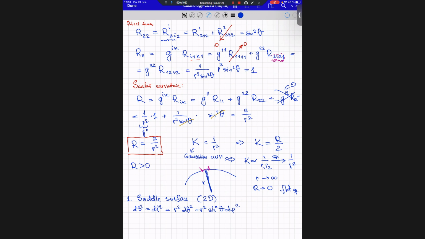This surface is different from the previous one, as I already spoke a little bit about. It is a surface like a horse saddle, and I can try to reconstruct it to show that this is the surface.